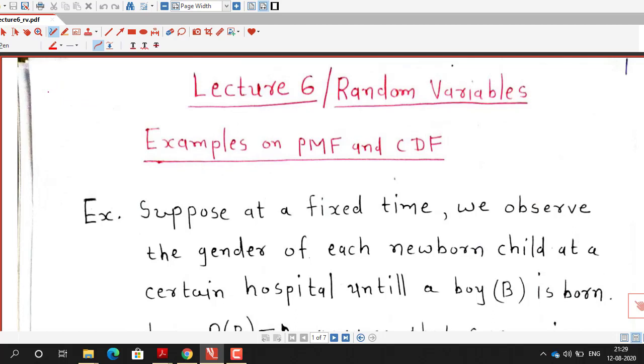Before that, we can just quickly recall. Let capital X be a random variable which is discrete.